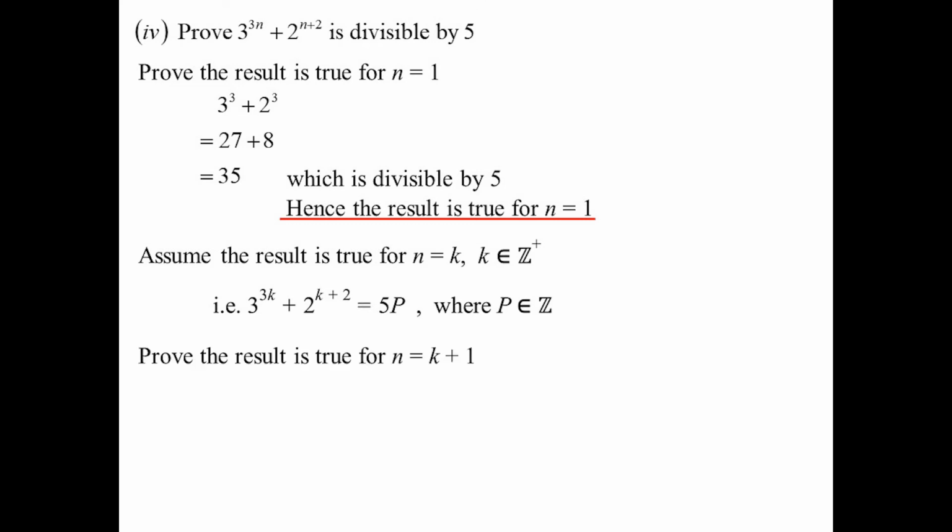So I want to prove that 3 to the power of 3k plus 3 plus 2 to the power of k plus 3 is 5 times, and I've called it q, some integer. How do I get my assumption into this one? This is where we have to be a little bit clever, and we actually rearrange the assumption.